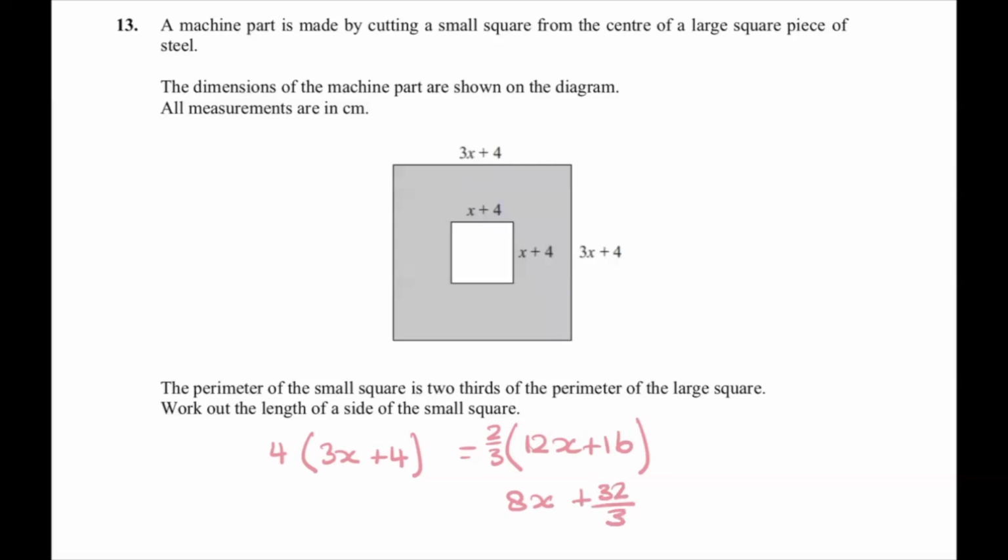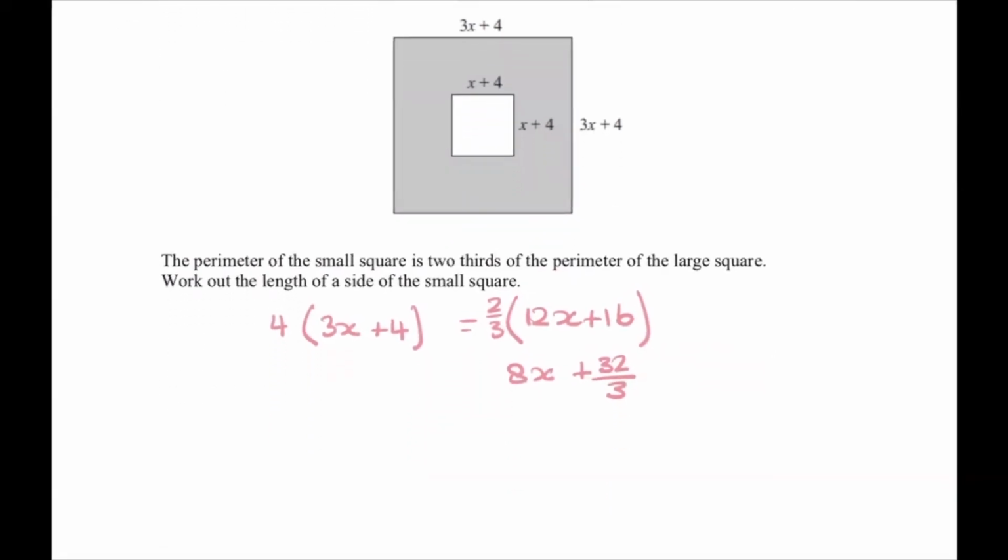So you just expand that bracket, use your calculator to help, and that is 2/3 the perimeter of the large square. And I know that is equal to the perimeter of the small, which is 4x plus 16. So just 4 lots of its edge.